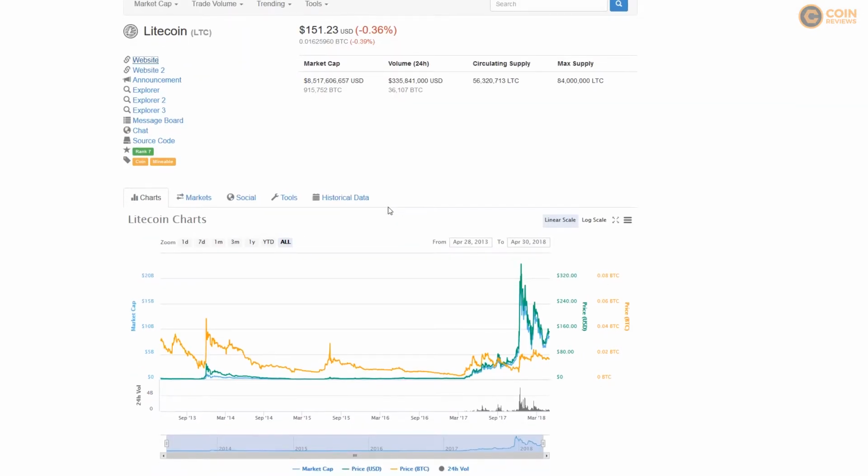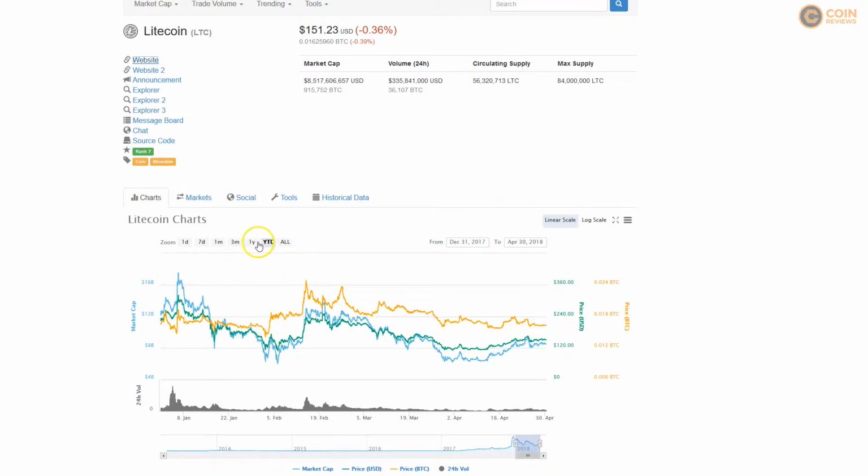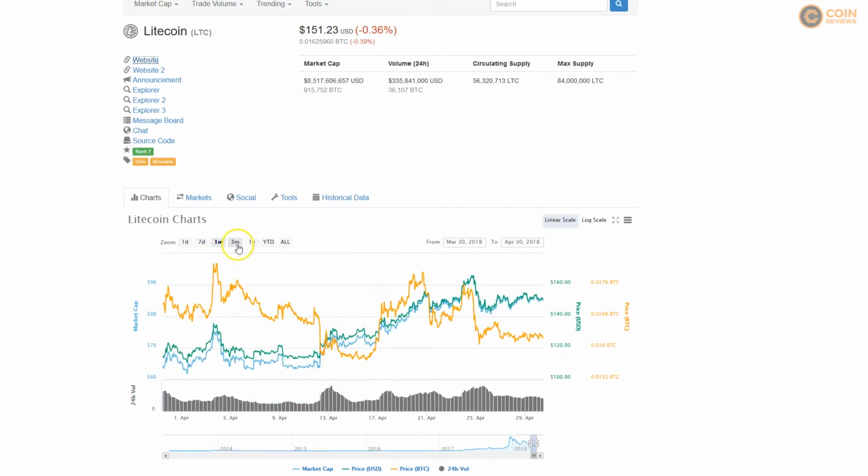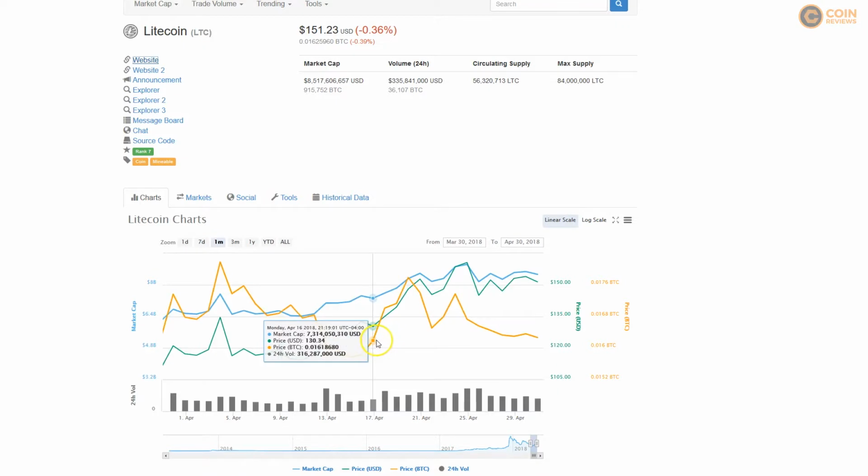But we've got more useful tools down here. If we look at this area in these tabs, here we've got a graph, and this is very fully functional, so we can sort it by year to date, look at price data from the past year, or from, wow, it's being a little slow today. Interesting. But okay, there we go. So let's say we want to look at the past month, and as you can see, we can mouse over any day and time, and we get this little pop-up with all of this specific information.